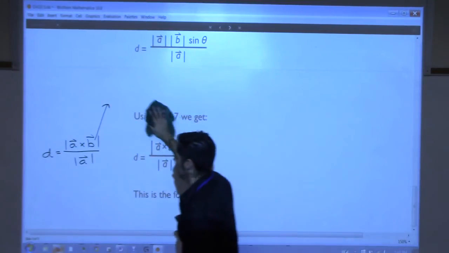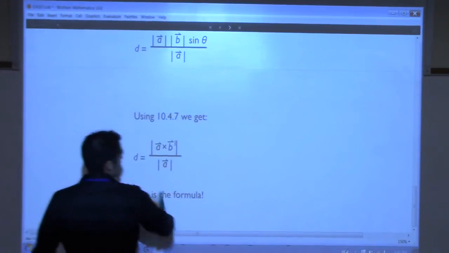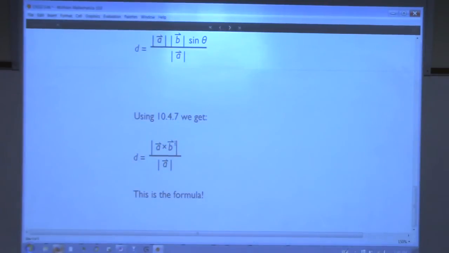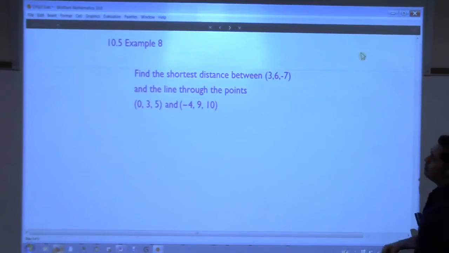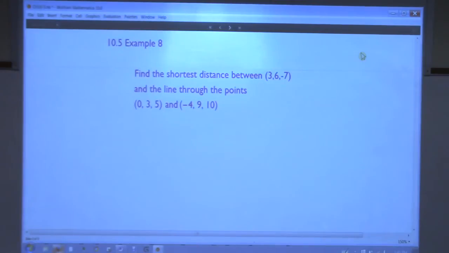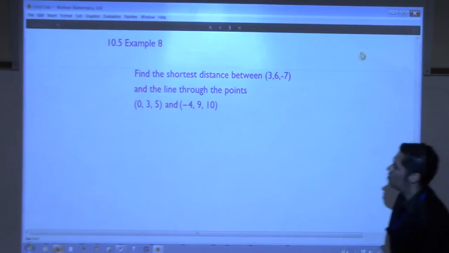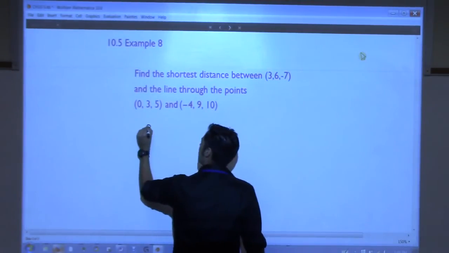All right, here we go. Let's do an example. This is the formula. Find the shortest distance between that point 3, 6, negative 7 and the line that goes through the points blah, blah, blah. So I have a point sitting out here in space.